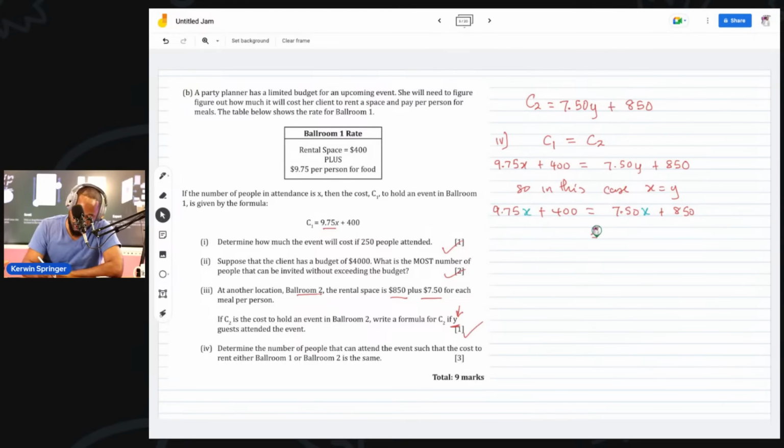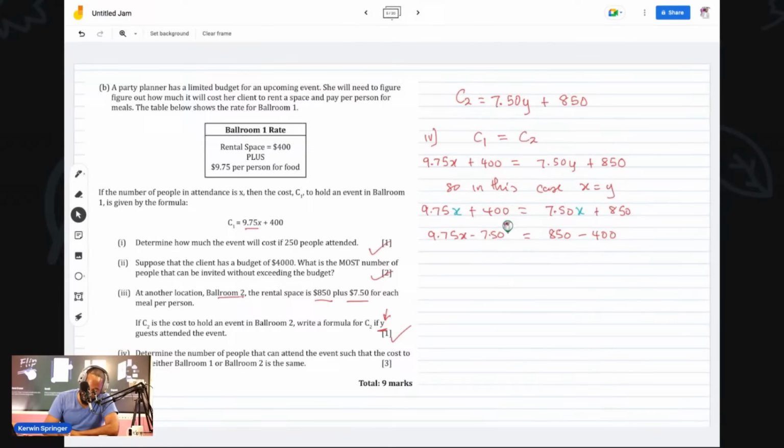Now it's just some little swappy swaps. If I switch around everything, I'll have 850 minus 400, and then I'll have 9.75x minus 7.50x. So 9.75 minus 7.5 gives me 2.25x, and 850 minus 400 gives me 450.